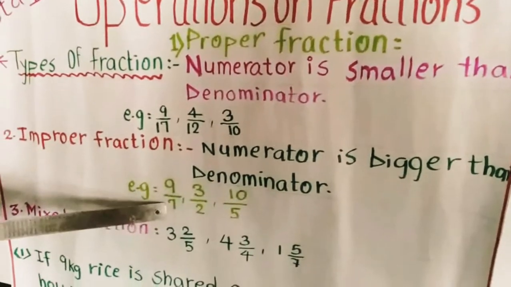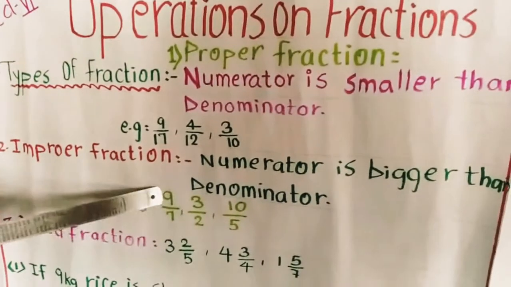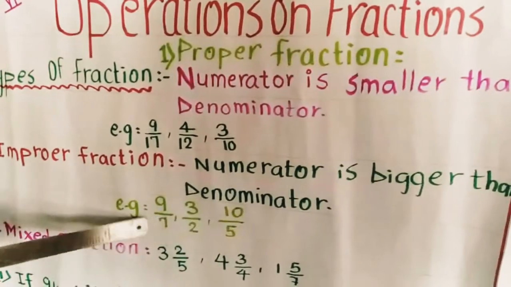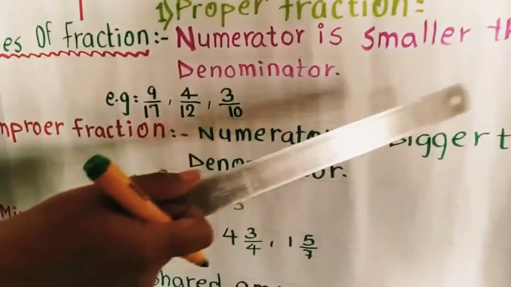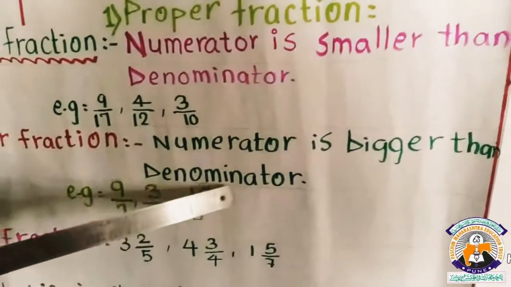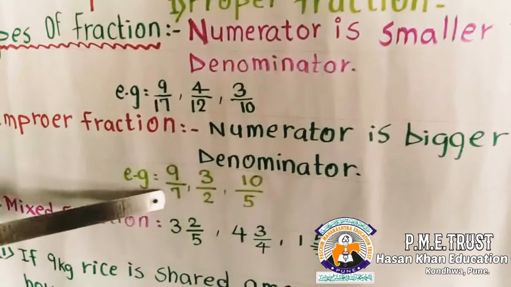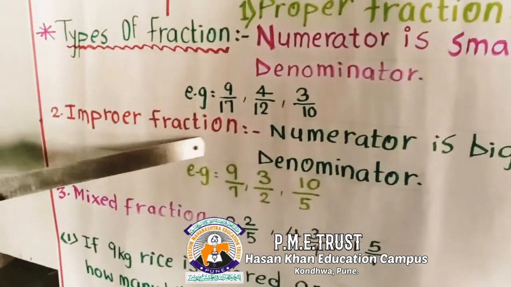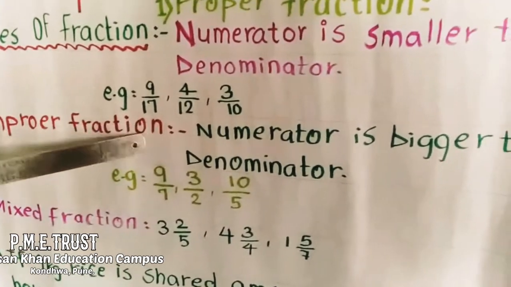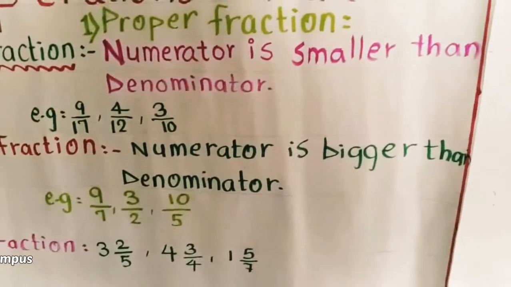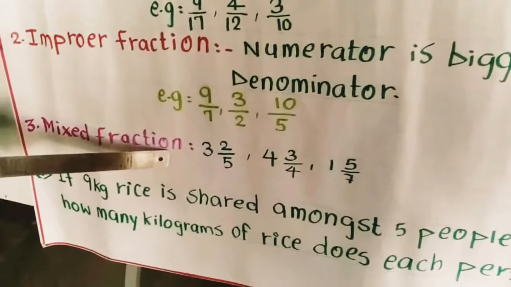What do you observe in this? You have observed the numerator is greater than the denominator. The numerator is bigger than the denominator. This fraction is called an improper fraction. Okay, understood? The third type is mixed fraction.